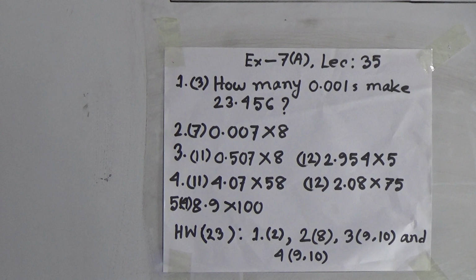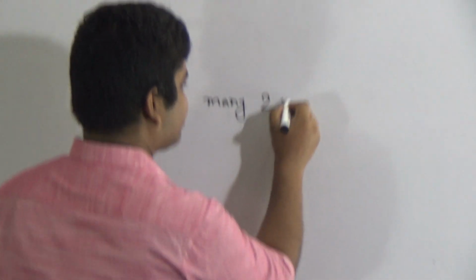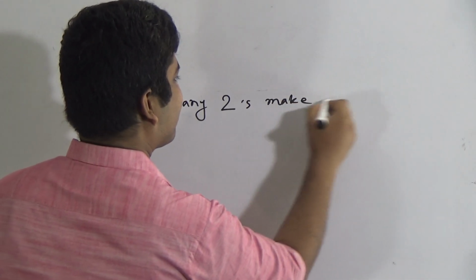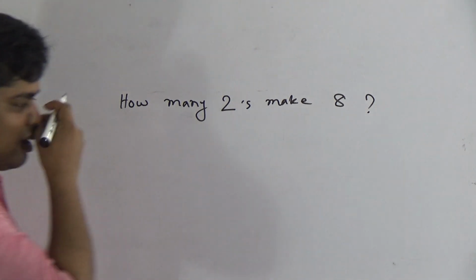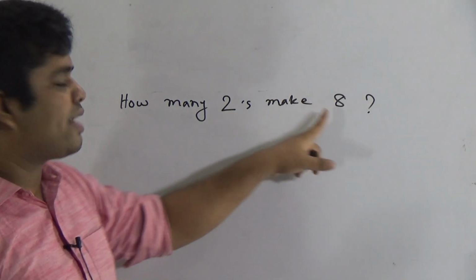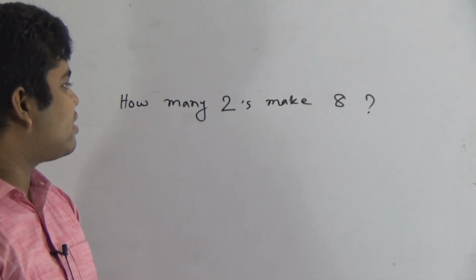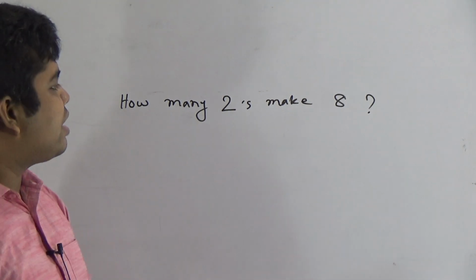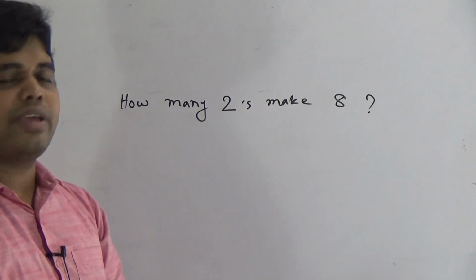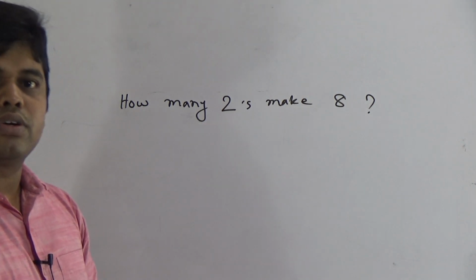If I ask you a question, how many 2's make 8? Dear student, notice how many 2 makes 8. So in order to get the answer, what can we do now? We divide this 8 by 2 and we get the required number of 2's.